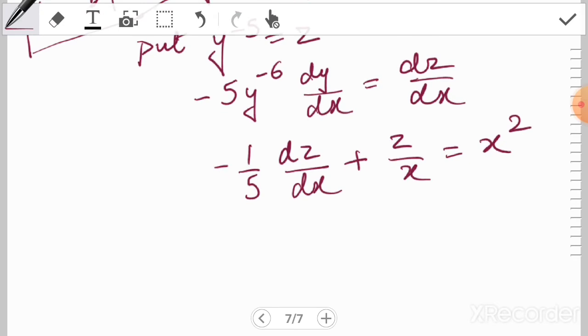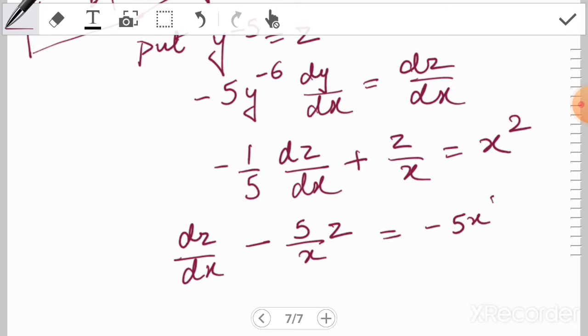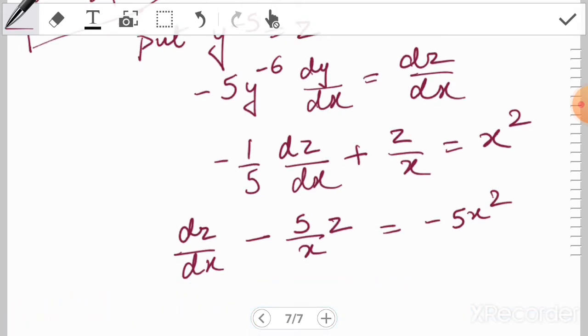And since this is a constant, we can multiply by minus 5 on both sides, and we will get dz by dx minus 5 by x z equals minus 5x square. So now we have got a Leibniz linear form in z.